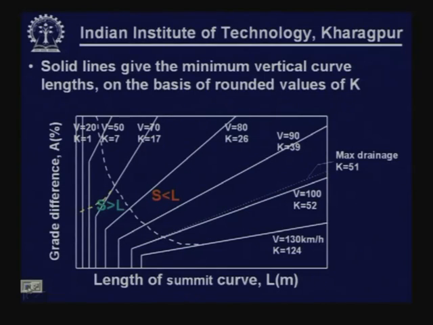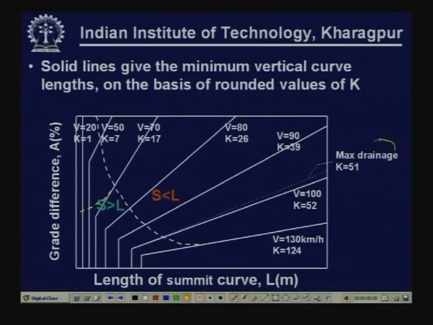This is from drainage consideration. That means up to that point for a type 1 curve, we should have k equal to 51 as the limit, not as a design limit. That discussion I will come back to.